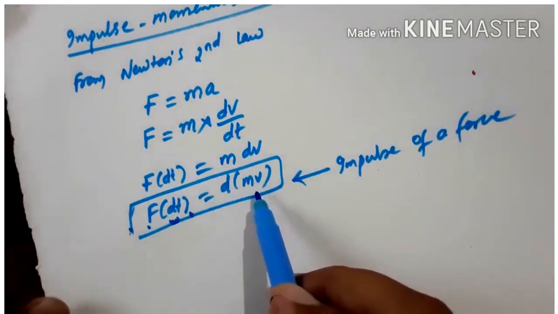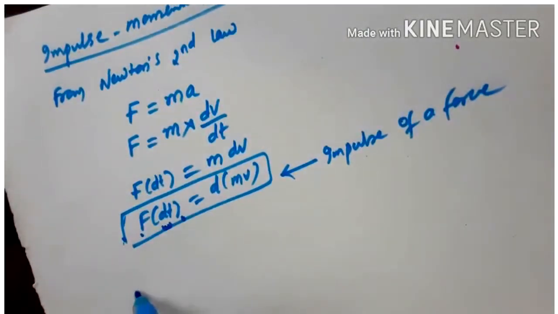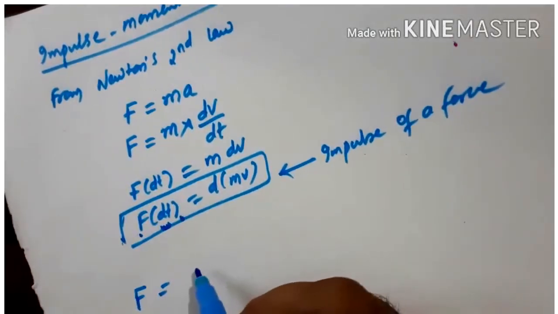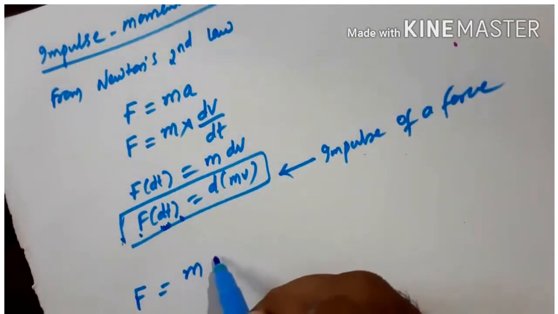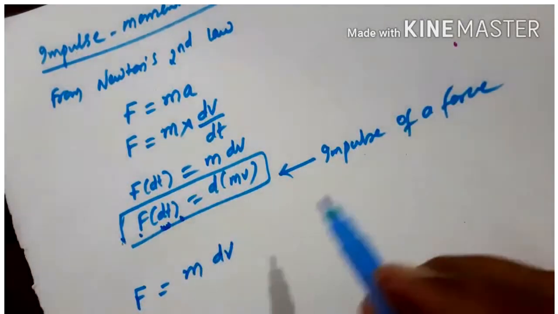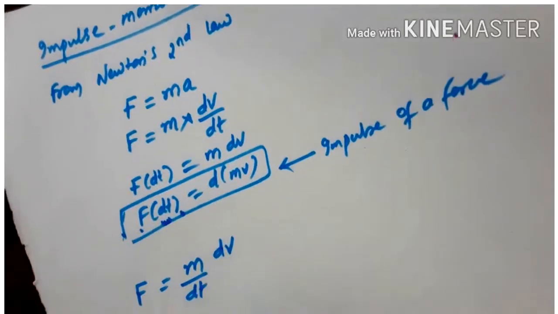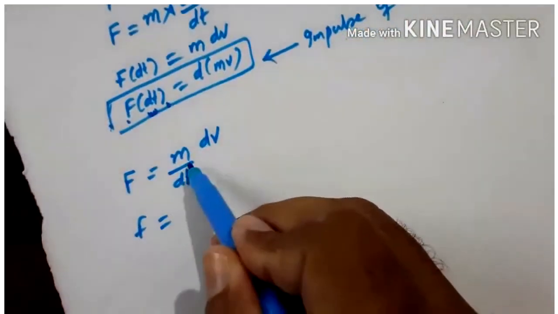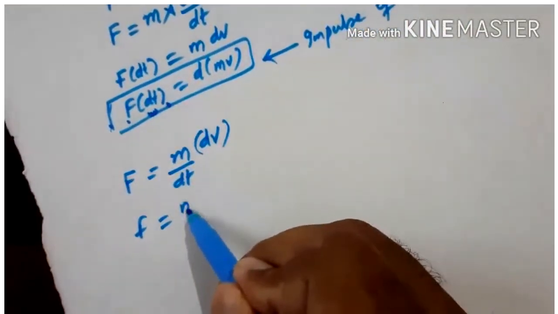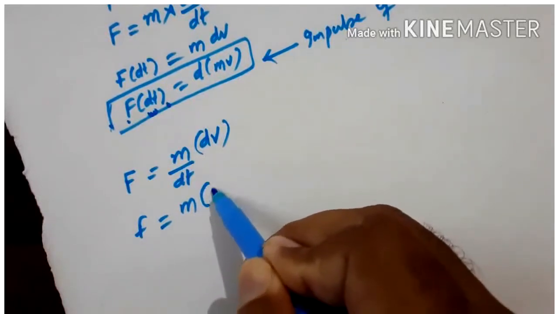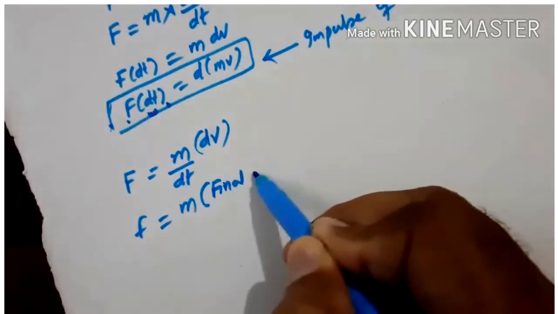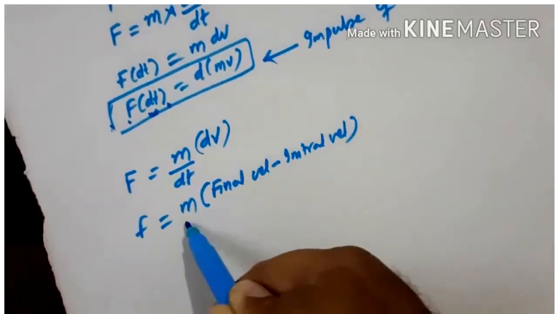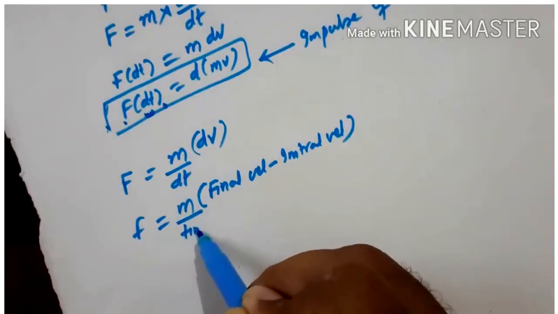Then further, if I write F equal to m into dv divided by t, this can be written as m into change in velocity, that is m into final velocity minus initial velocity, divided by time.